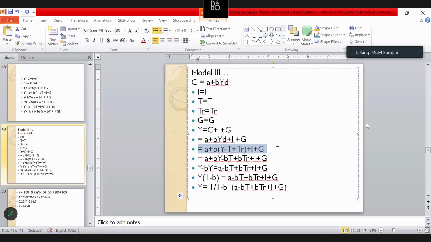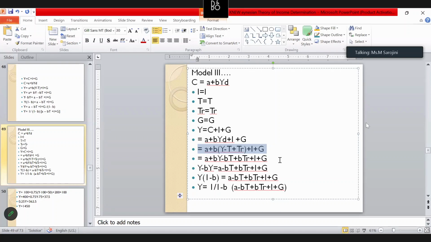Now we have to open the bracket, that is A plus BY. That means here we expand the bracket. Here A comes like that, BY minus BT plus BTR, right? And plus I plus G. Now again we have to take the Y's to one side.